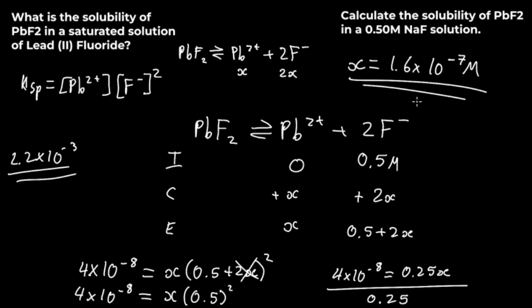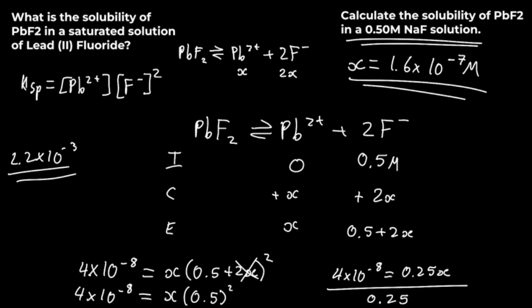So just to recap, we can understand it a lot better, in my opinion, with ice tables, because that shows us what we start with from these solutions. And then we can disregard the x in the brackets because of how small the number is that would be added.